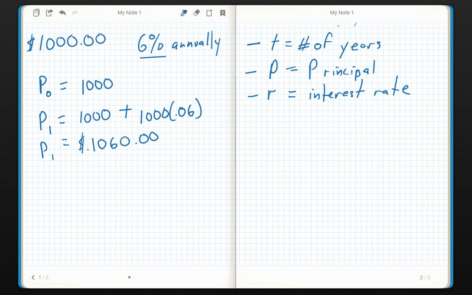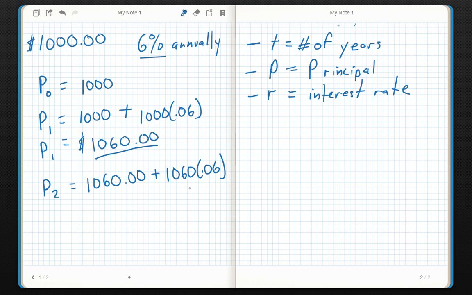That was easy enough, right? But how do we find out how much we have after a second year has passed? Well, we obviously get to keep our $1,060 from last year, plus our new interest, which is 1,060 times 0.06.